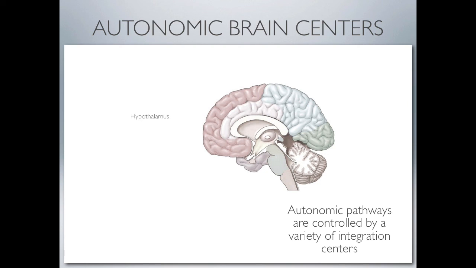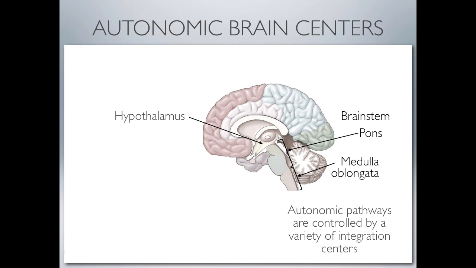And the one that we might talk about the most is the hypothalamus, which is just anterior to the brain stem. The brain stem includes the pons and the medulla oblongata. All right, so these are not just where the cell bodies are, but they're also sites of integration as well.